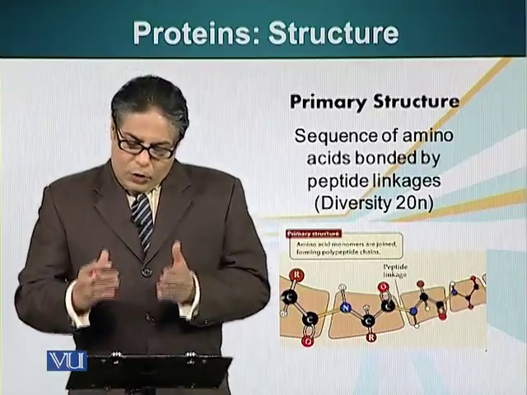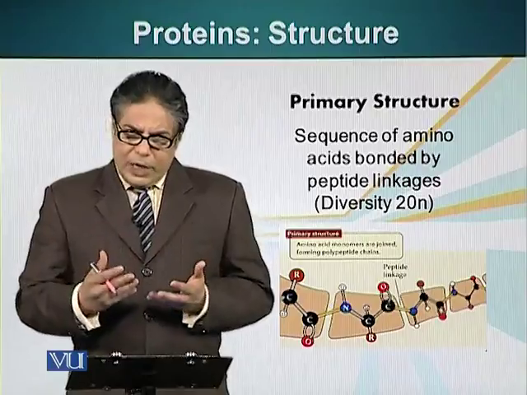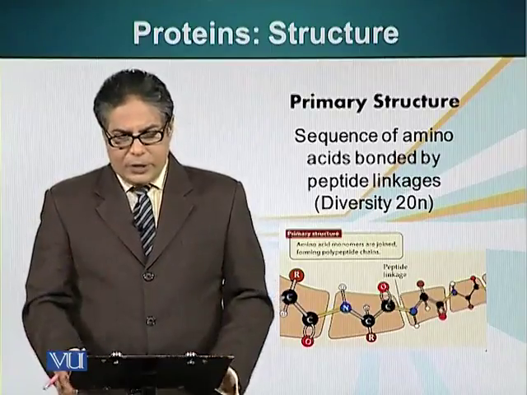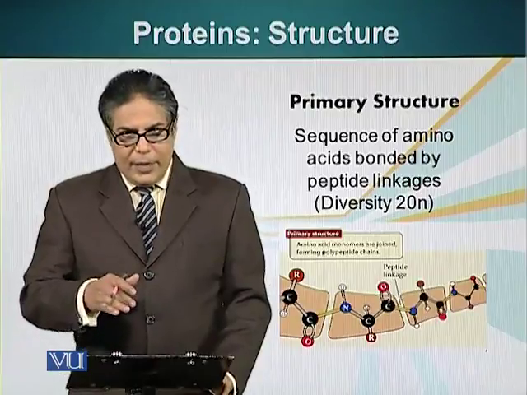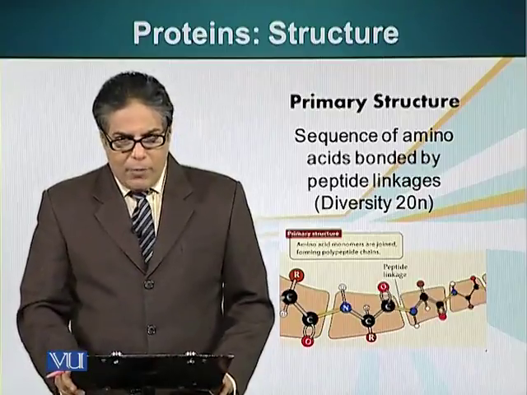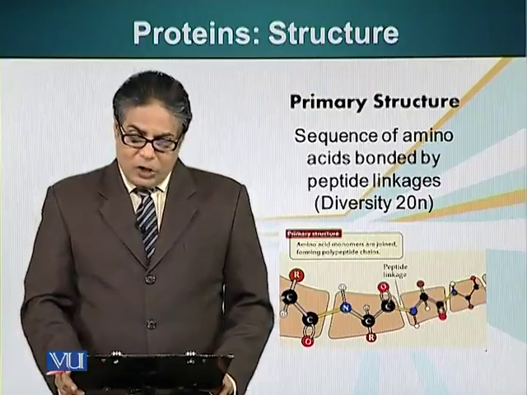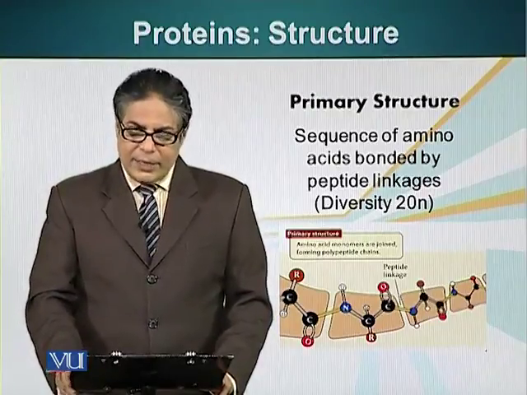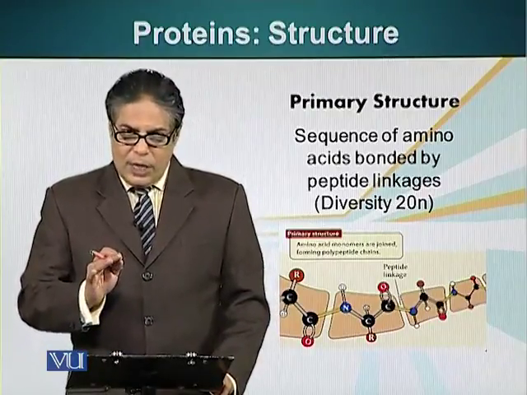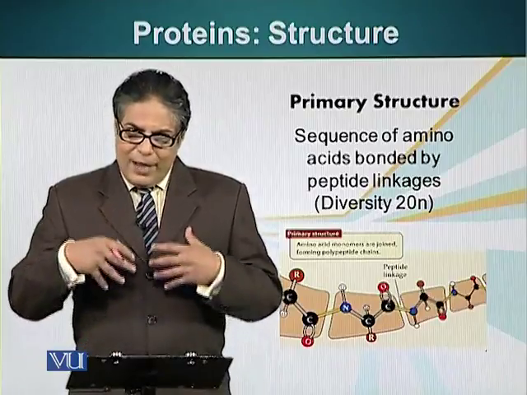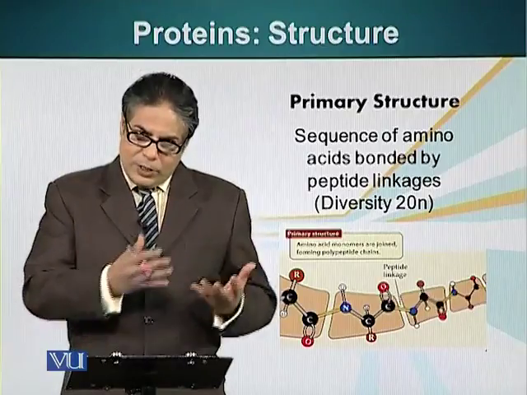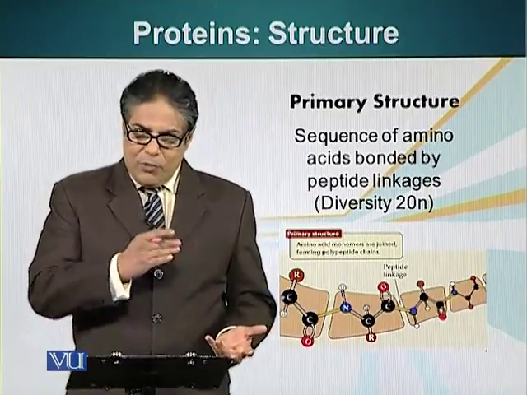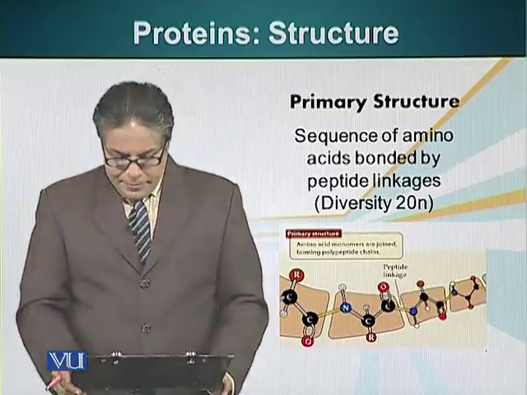If we are talking about a medium-sized protein, say 100 amino acids long, it would be 20 raised to the power 100. This is a very large number. In fact, this number is so large that we don't have enough electrons in this universe. The number of electrons in this universe is less than 20 raised to the power 100.